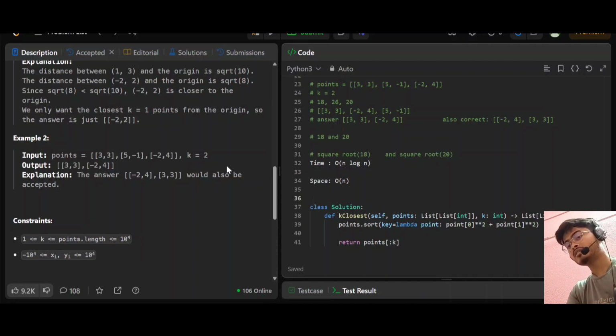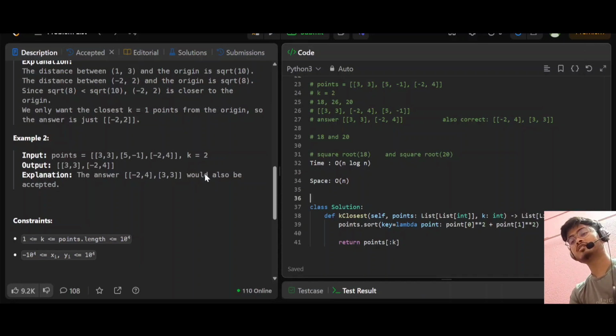However, Python does not directly provide a max heap, so we would store negative distances. The heap solution is more optimized for certain cases, but the sorting solution is easier to understand and is fully accepted under the given constraints. Since the number of points is at most 10,000, the big O of n log n sorting solution works comfortably.